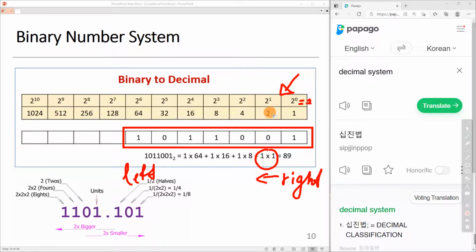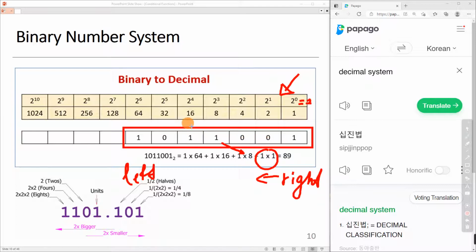It will give us 0, so we don't write it. The next one is 0 times 2 to the power of 2. It will give us 0. Then the next digit: 1 times 2 to the power of 3, or 1 times 8. You can find it here. We don't need to write zeros because they are equal to 0.